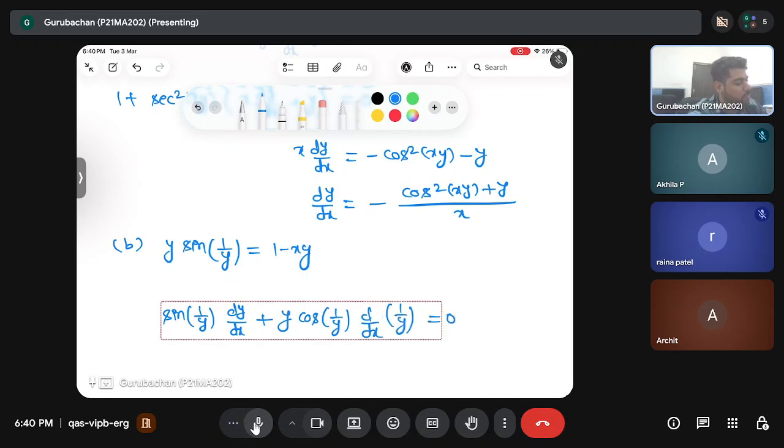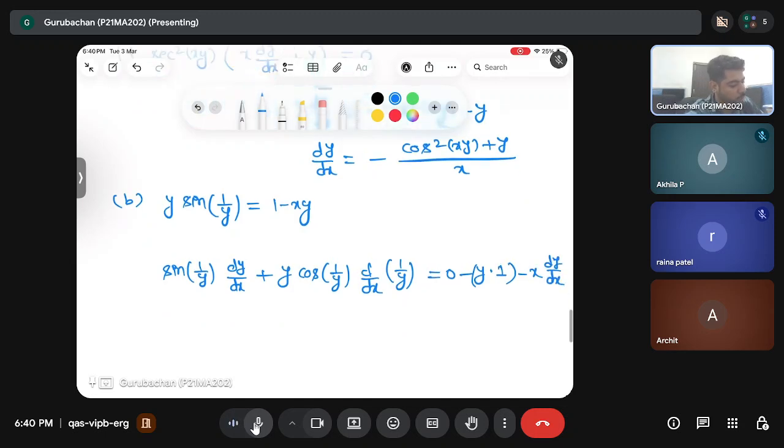From here this will be 0 minus y as it is into 1 and minus x as it is dy by dx, and from here sine 1 by y plus, from here you will get minus 1 by y square.